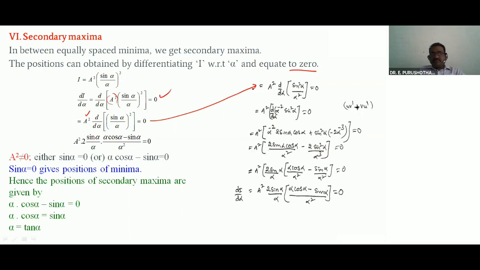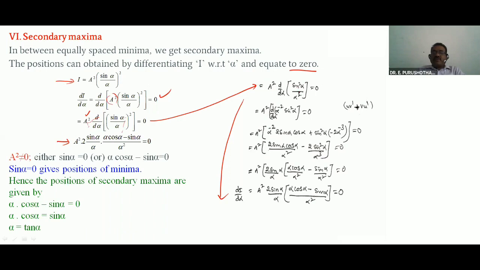In your examination, you should write only this formula and this formula. No need to write the total calculation up to here. It is very simple. You can write it, no problem. Okay. So we can write this as a square d by d alpha of sine alpha by alpha, whole square.